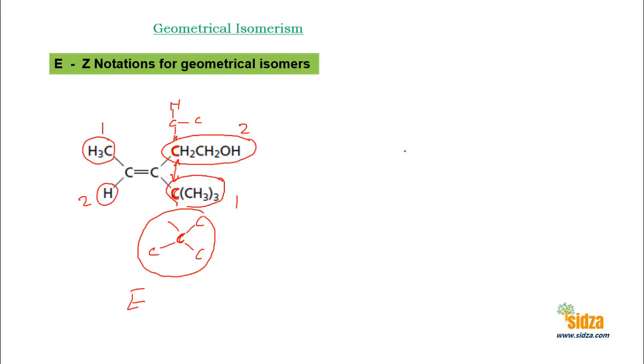Alright, let me write down another molecule here. Suppose we have a methyl and a hydrogen, and C double bond OH. Here methyl has the higher priority than the hydrogen, so number 1 here, this is number 2, and C double bond OH, and this is the CH3.